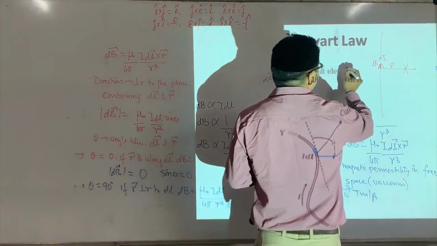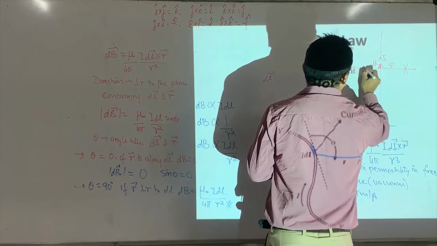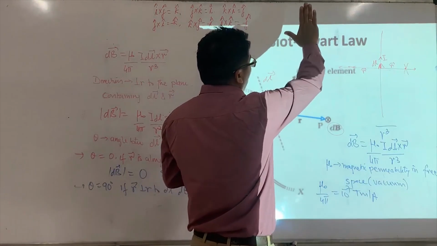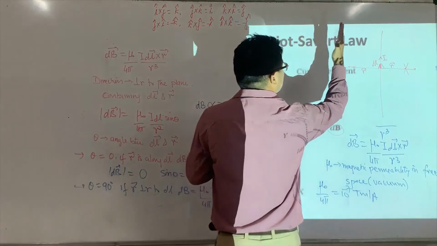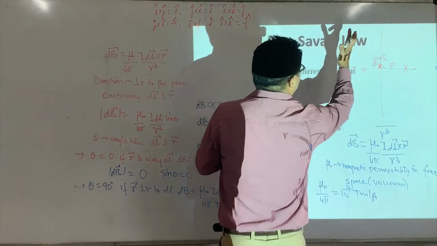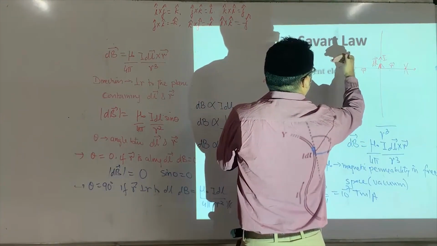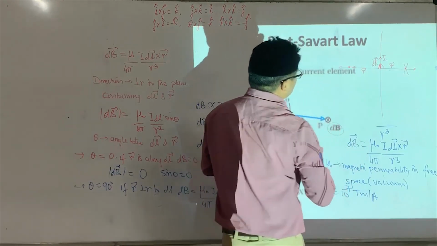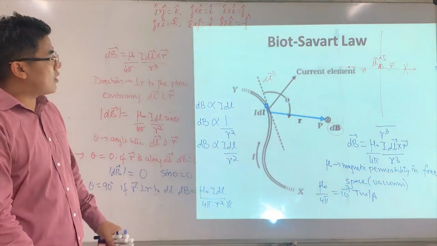Now, if I have here the direction of r in this direction, and I is this, the dl directions are like this, so this is out of plane. So you do some practice.